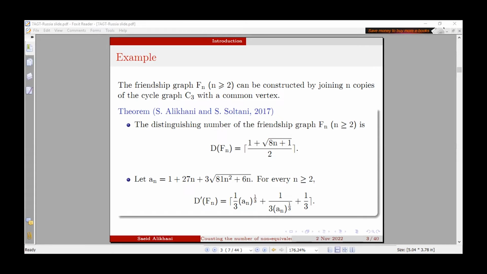By this kind of coloring, I can obtain this formula for the distinguishing index of the friendship graph. You can see the details of the proof of this theorem in the paper published in Filomat in 2017, if you are interested.